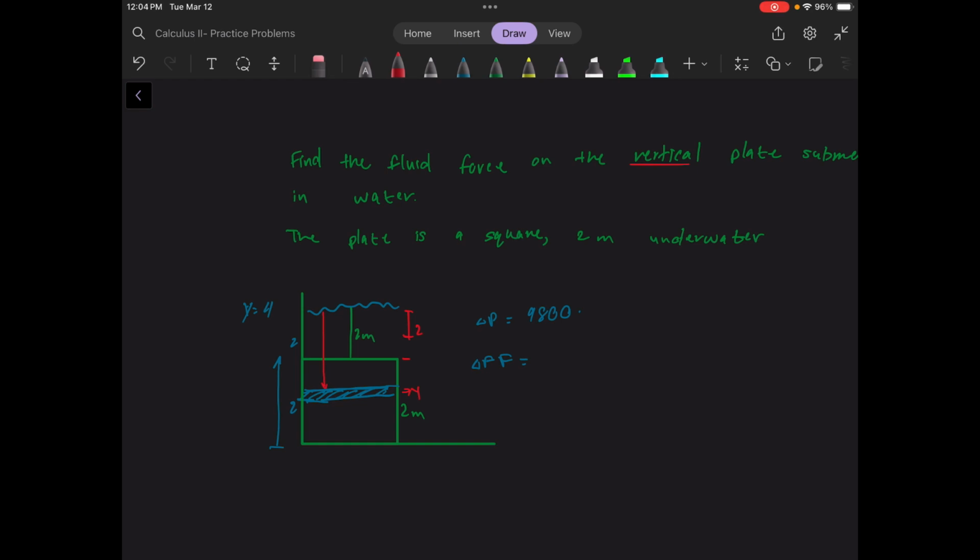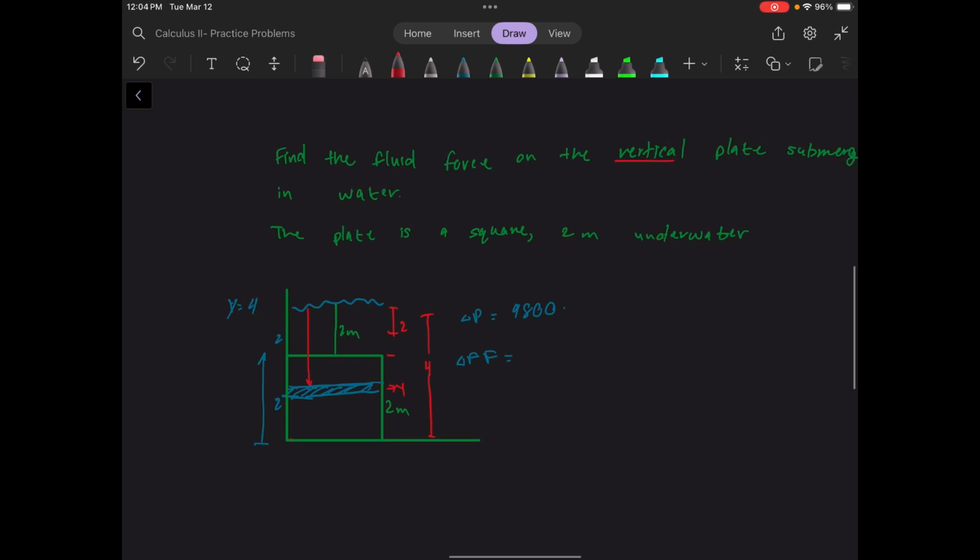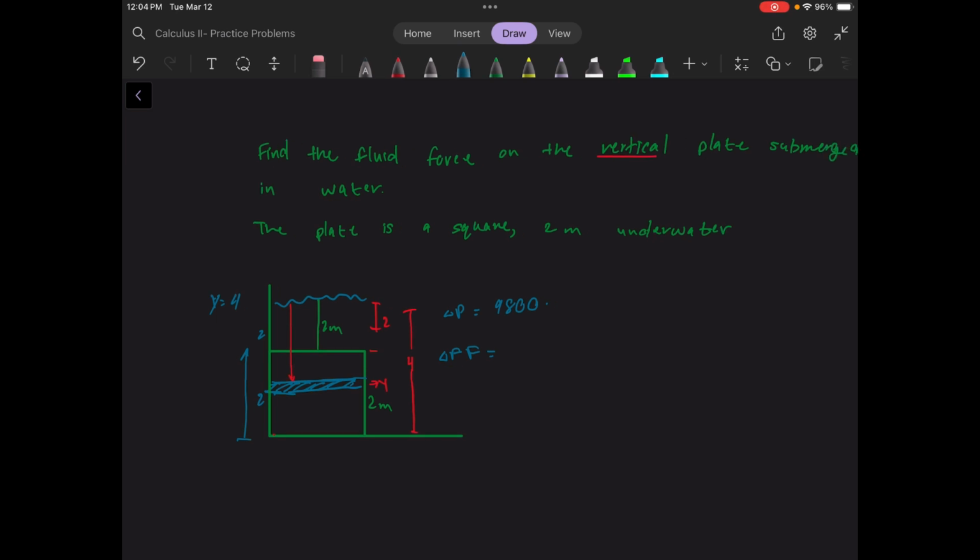And if any of these slices are at the bottom of the tank, they are at a depth of 4, right? So we know that this depth function is correct. So the pressure of just this arbitrary slice is 9,800 times (4 minus y). And the delta fluid force would be the pressure times the area of one slice.